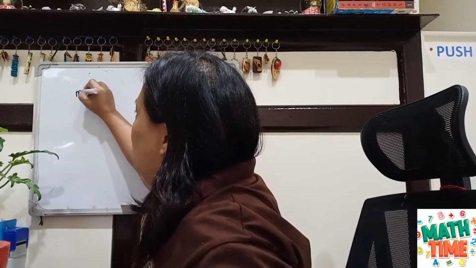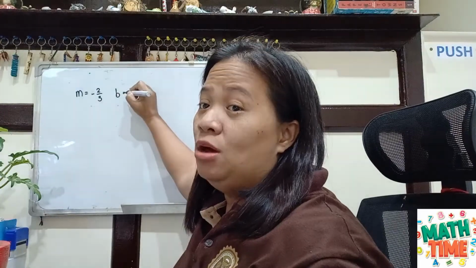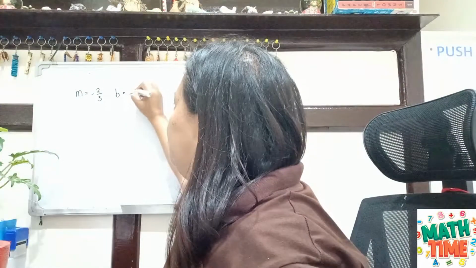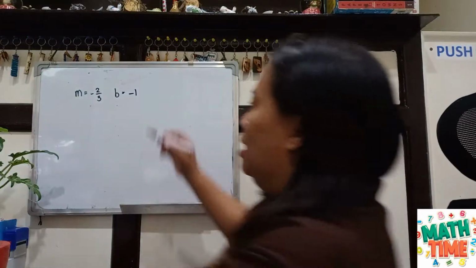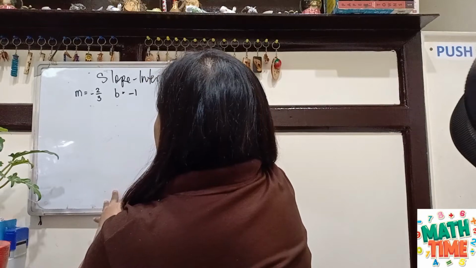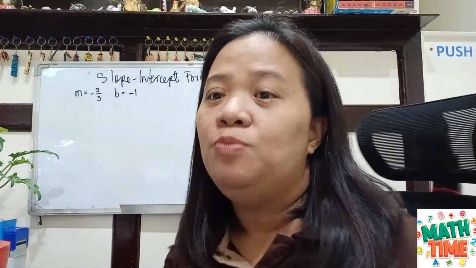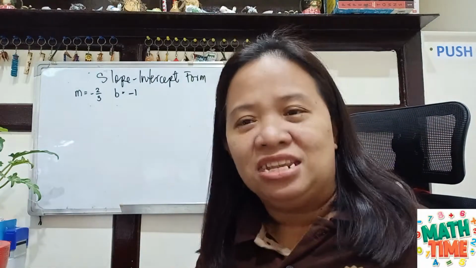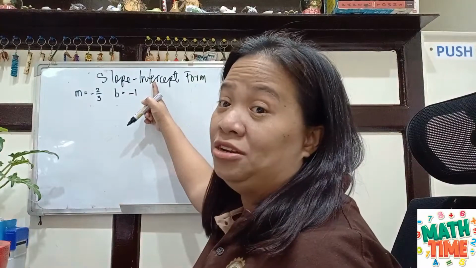Since the given is a slope which is equal to negative 2/3 and a y-intercept which is equal to negative 1, the formula to be used is the slope-intercept form. Why is it so? Because the given is a slope and a y-intercept.